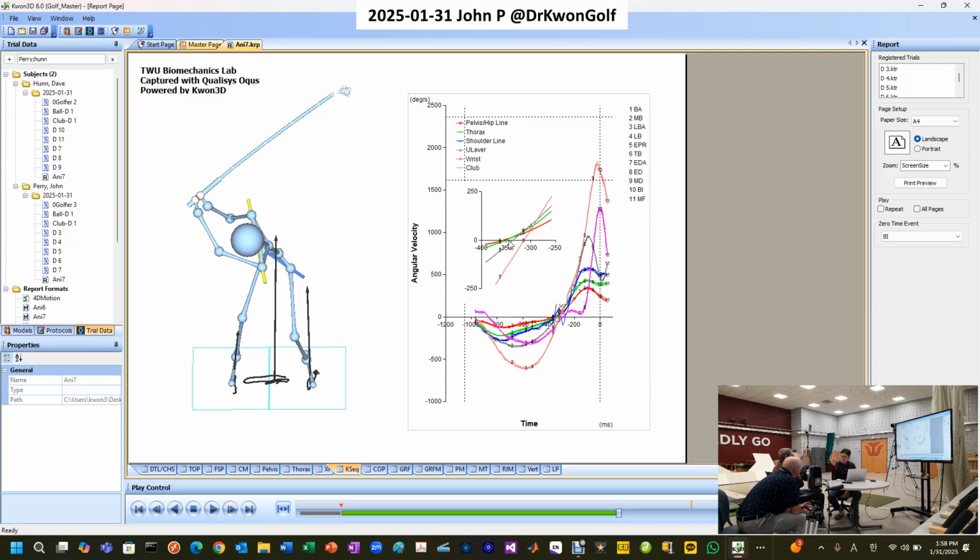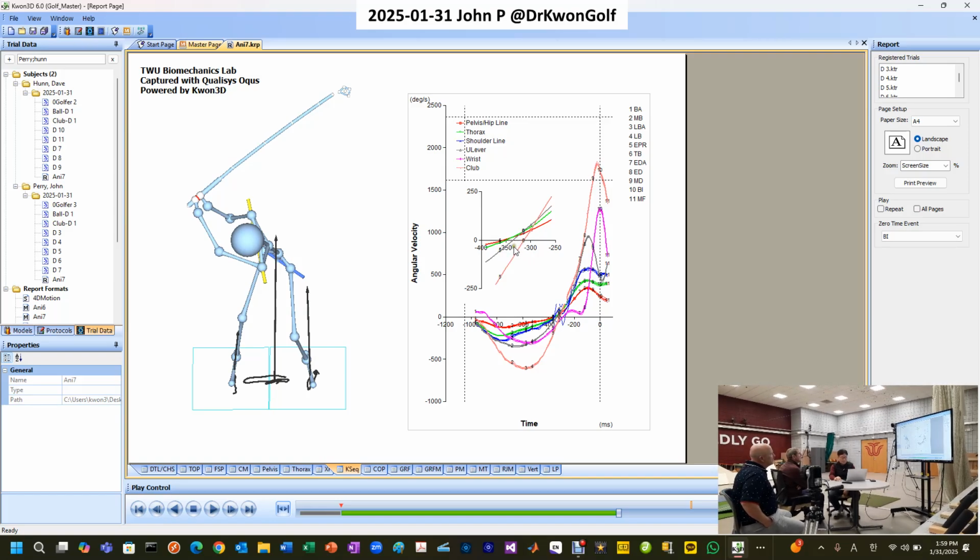Either you transition at the same time or separately, but it's hard to do it out of order. So either you have a full, complete sequence, or a partial sequence. So this is the pelvis and thorax together. Then this is the arms, and then the club here.